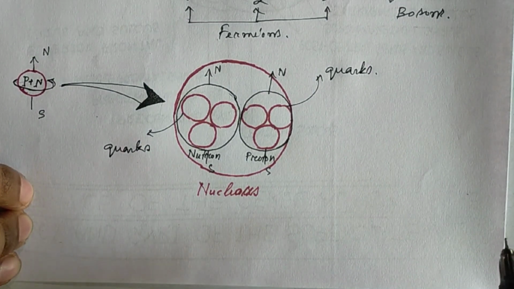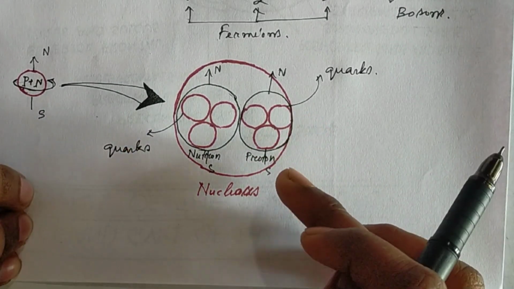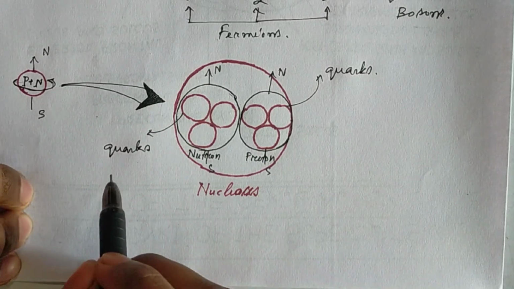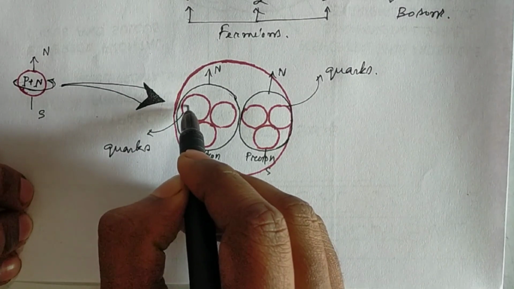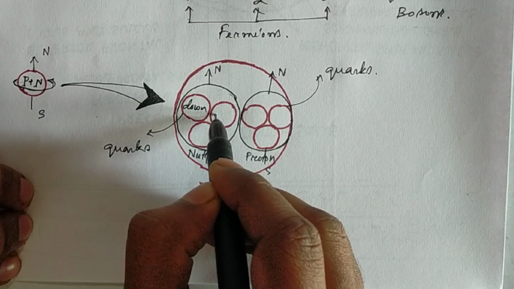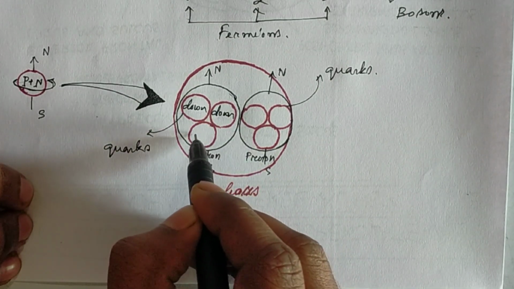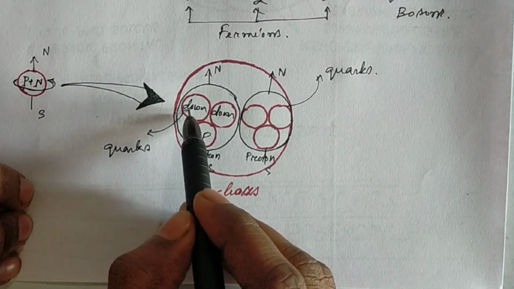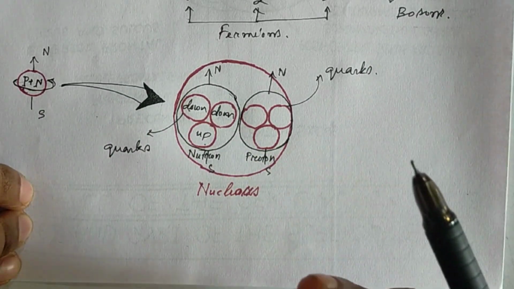Neutrons are made up of two types of quarks, and protons are also made up of two types of quarks. In the case of the neutron, this is a down quark, this is also a down quark, and this is called an up quark. These are names; it is not like an up or down direction.